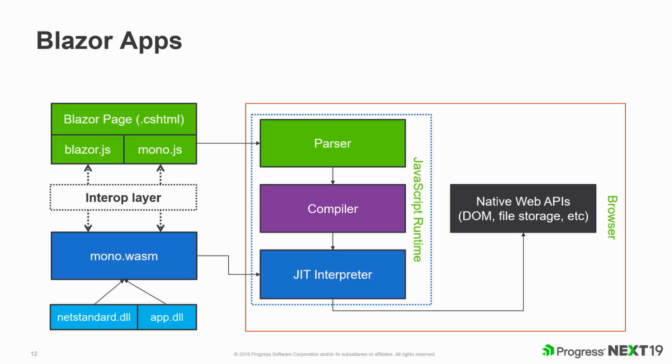Then you also have this interop layer that can communicate with Blazor pages, which can be CSHTML or .razor pages. We'll see what that looks like when I'm in Visual Studio. That then communicate with Blazor and Mono.js. So the reason that we have these is ultimately we are developing web applications, and there are some things that we might have to deal with on the JavaScript side.